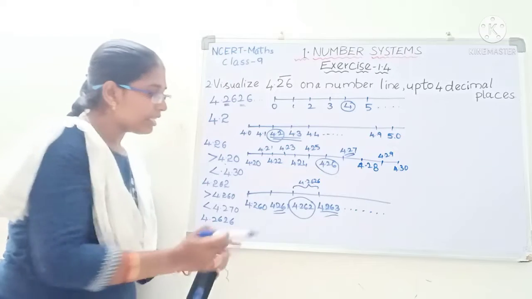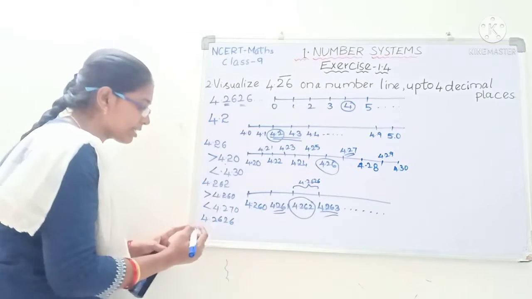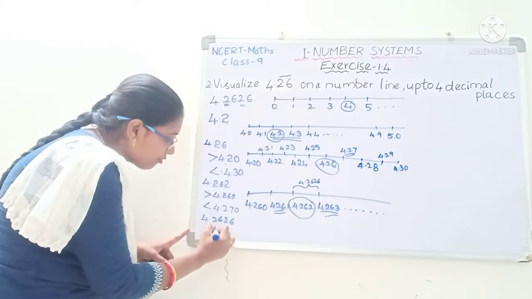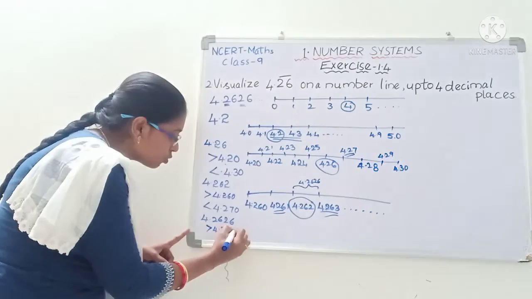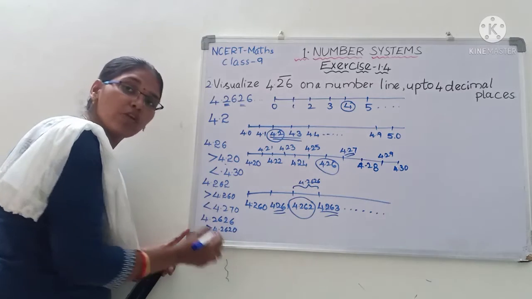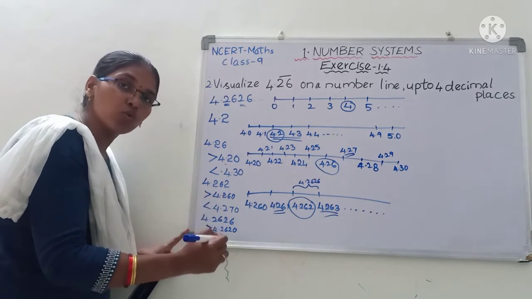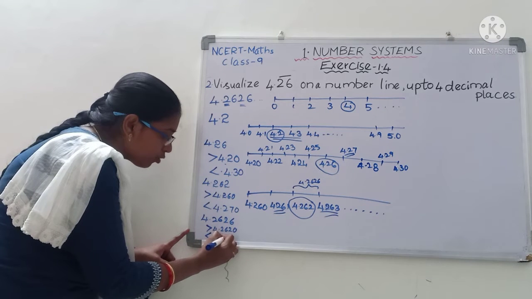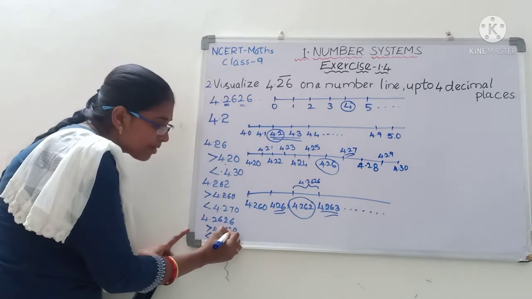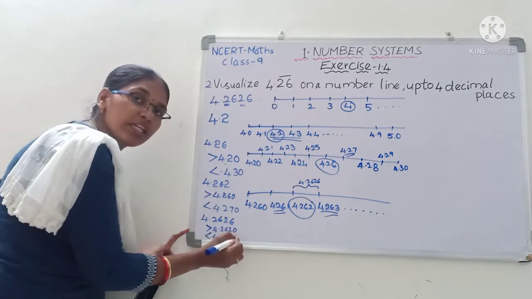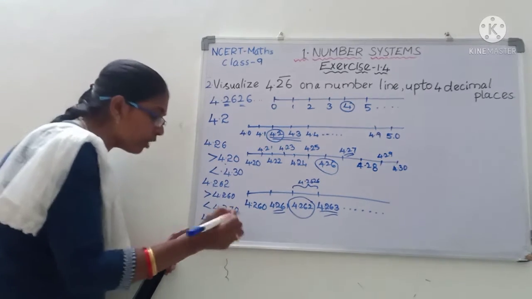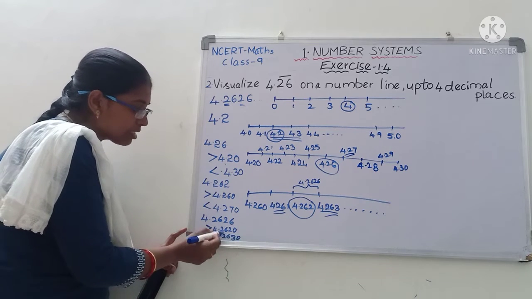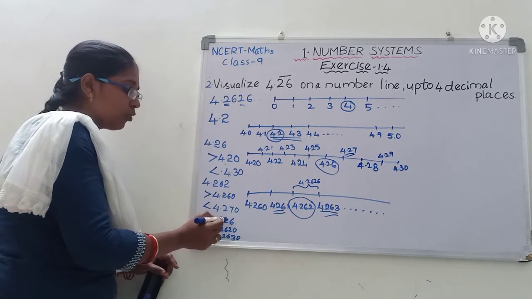So let us divide this line segment into 10 parts. 4.2626 is greater than 4.2620. After 2620 you get 2621, then 2622, 2623, like that. It is less than 4.263. After 2620, 21, 22, 23, up to 29, after that you get 30. So in between these two decimal points you get 4.2626.